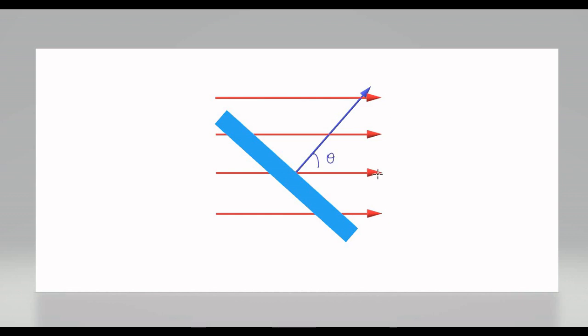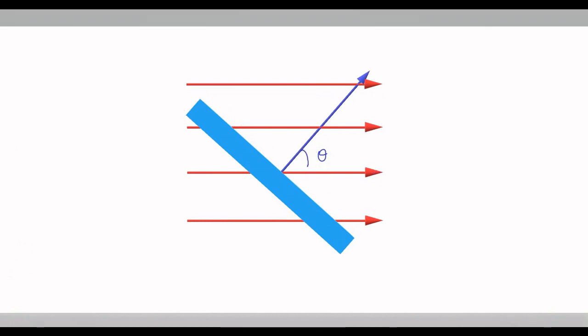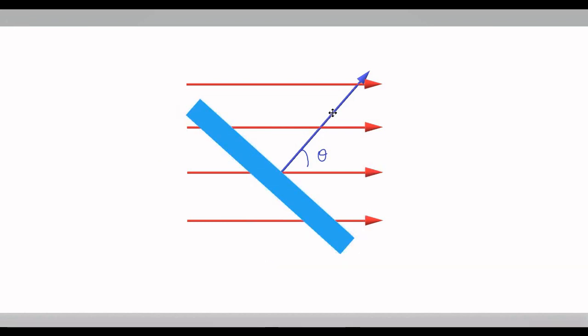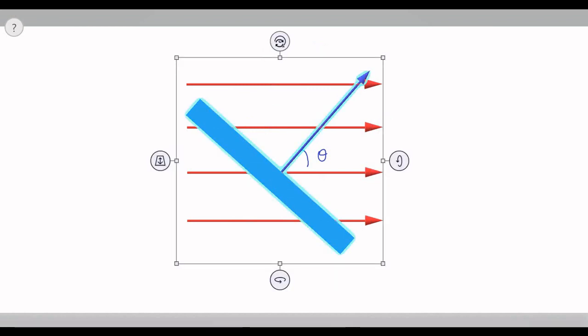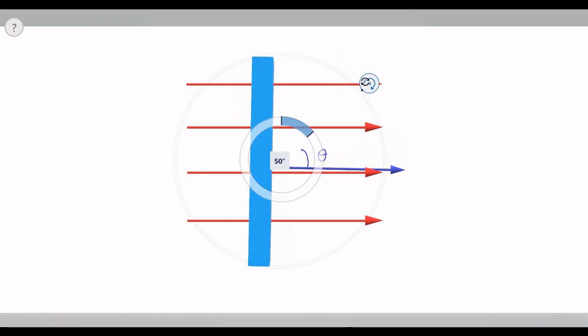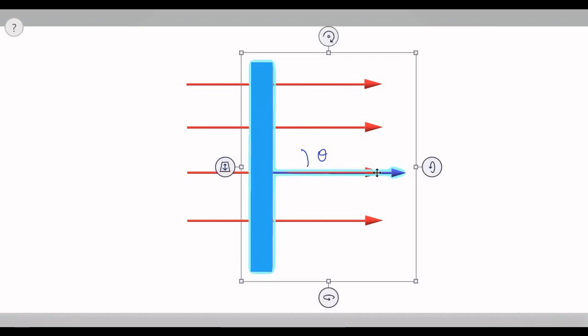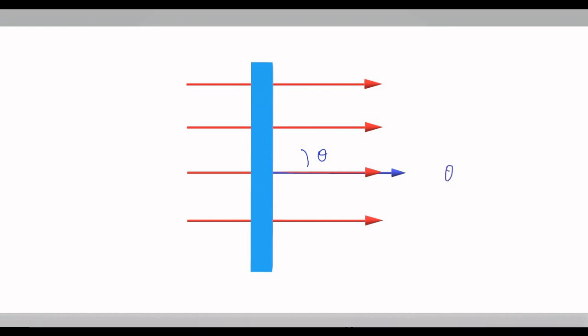Now if I rotate this surface along with this area element vector and bring it to this position, the angle between the area element vector and the electric field vector is equal to 0. In this position theta is equal to 0 degree, and you can see almost all the electric field lines are passing through the surface.